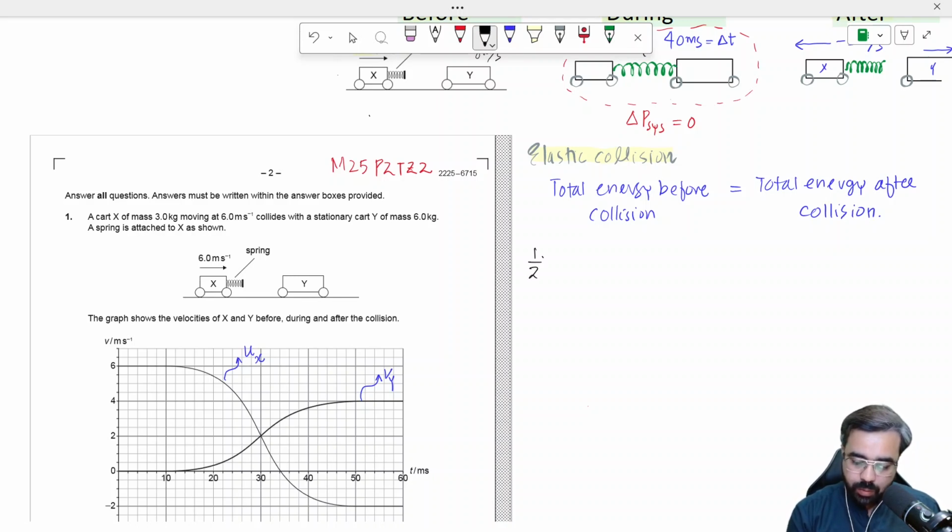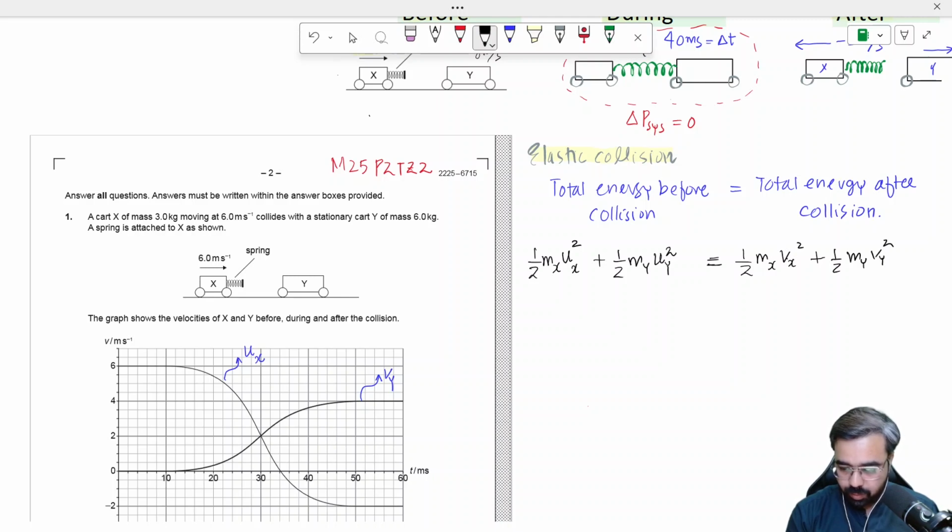So 1 over 2 mx ux square, this is the kinetic energy of the cart X before the collision, plus 1 over 2 my uy square, this is the kinetic energy of the cart Y before the collision, should be equal to 1 over 2 mx vx square. So I'm using the letter v for the final velocity, and 1 over 2 my vy square.